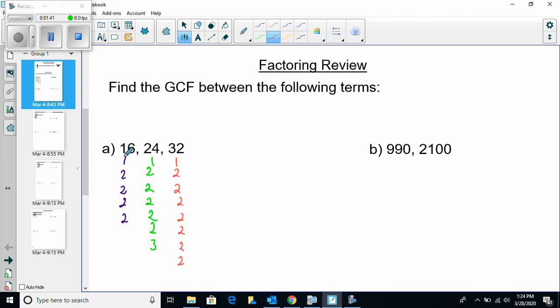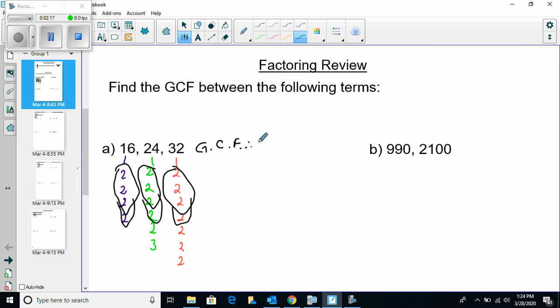So when we see this, the common factor for all of them is 8. So 2, 2, 2 is common here, and it is here, and it is here. So the greatest common factor for those numbers will be number 8.